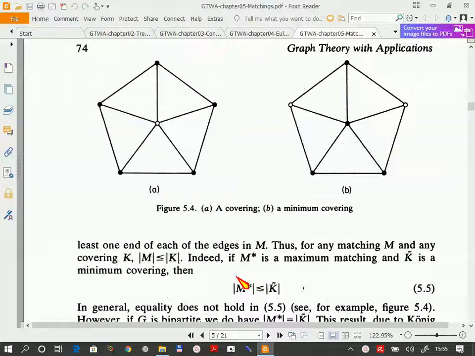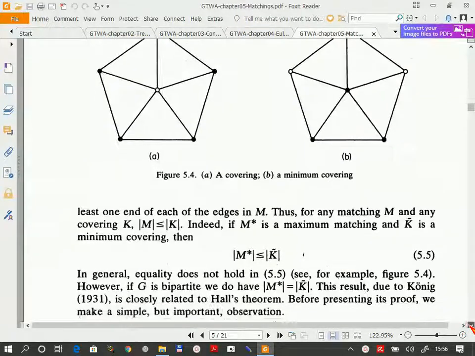In particular, if you have a maximum matching and a minimum covering, this applies to them too. So the number of edges of a maximum matching is less than or equal to the number of vertices in a minimum covering. Okay? And in general, we do not have equality.